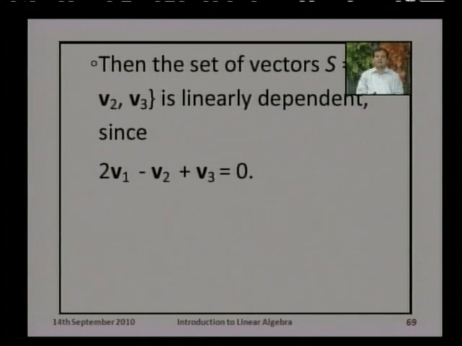Then this set S, that is v1, v2, v3, is a linearly dependent set. Why? Because 2v1 minus v2 plus v3 equal to 0, and you can check that this is true. Since there is a linear combination and the scalars are not all 0, therefore this set is linearly dependent.